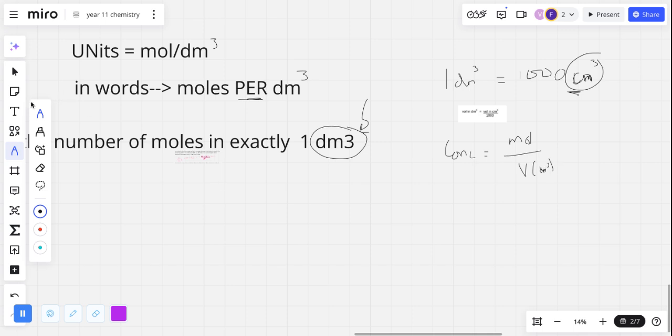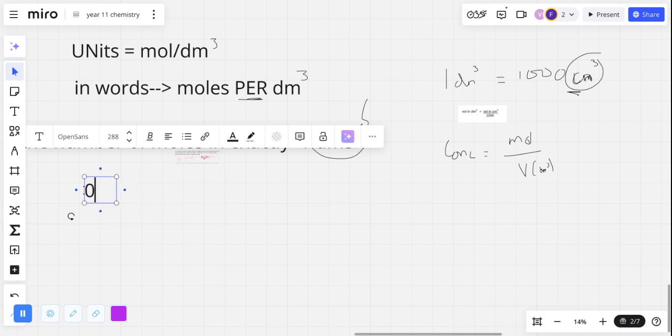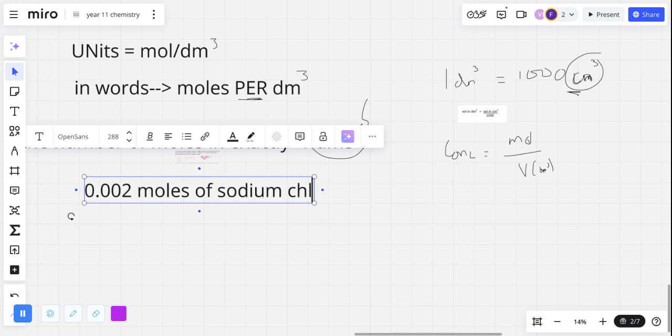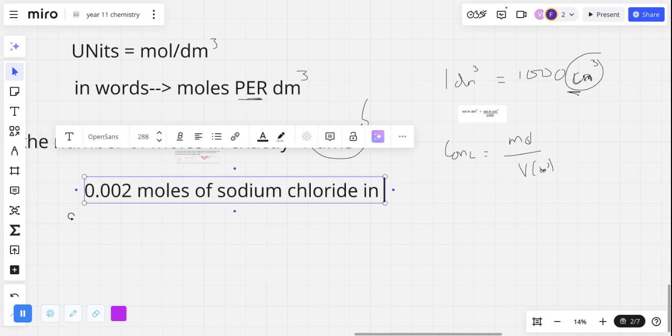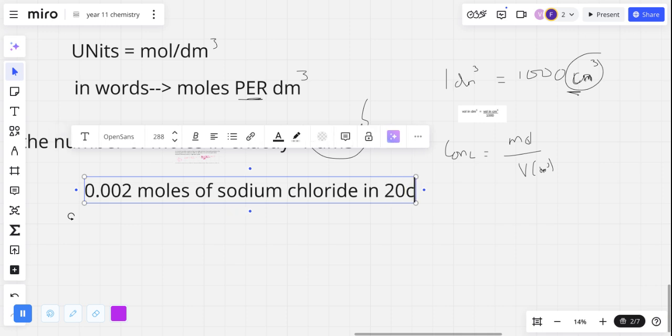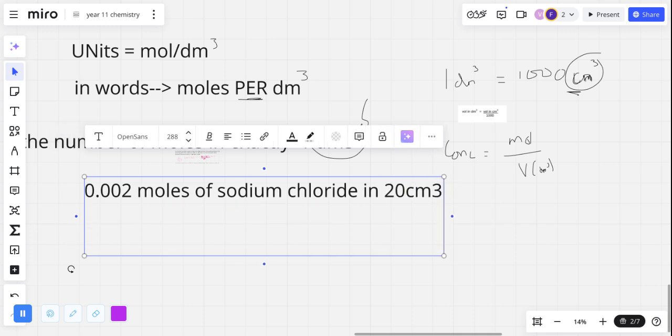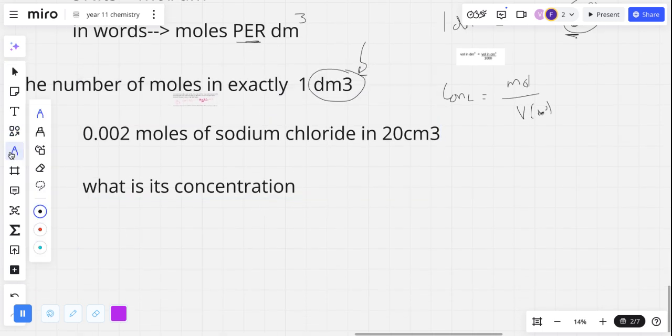I'm going to make a random question up. You've got 0.002 moles of sodium chloride in 20 cm³. What is its concentration? The moment I see a question like that, I go, no, you're not doing that to me.